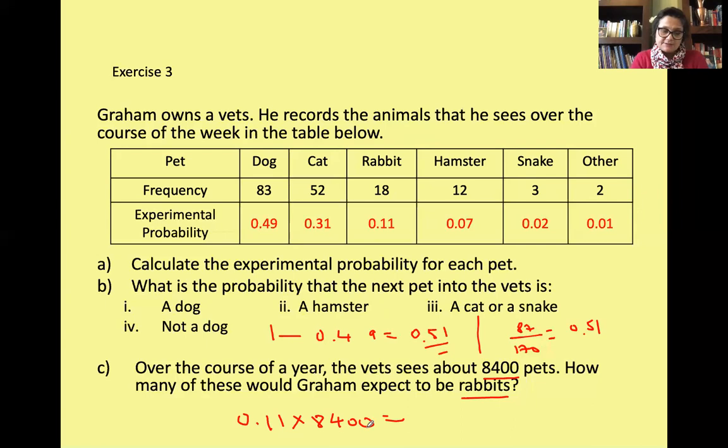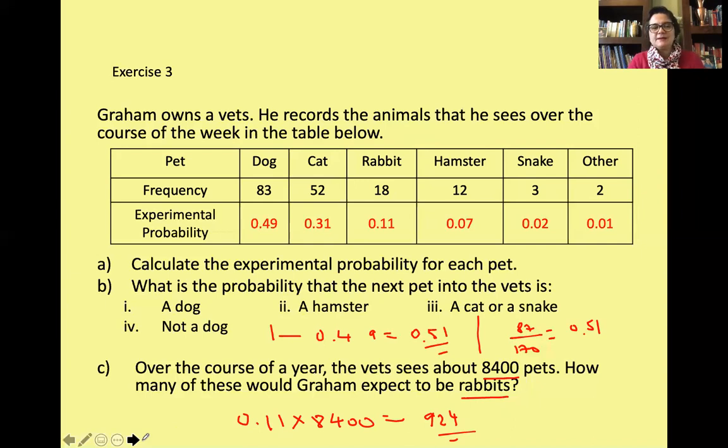So the answer is going to be 924 rabbits. Graham is likely to see 924 rabbits out of 8,400 pets over the course of a year.